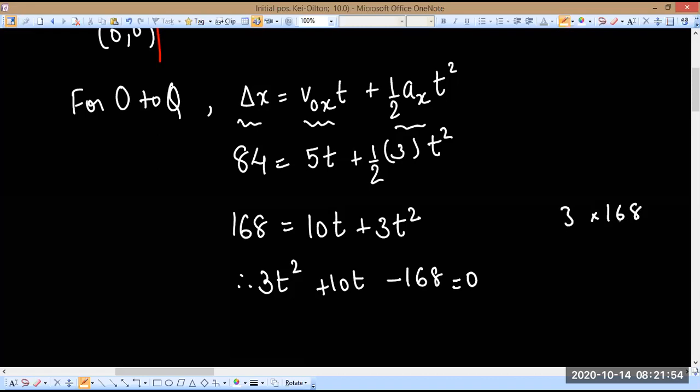Okay, 3 into 168 is going to be, well, you take an 8 out here, so this is 24 and 21. Okay, we want 10, so this doesn't work, right?